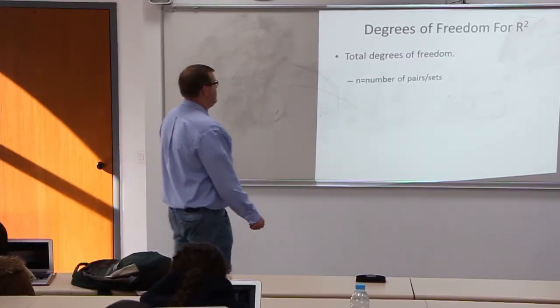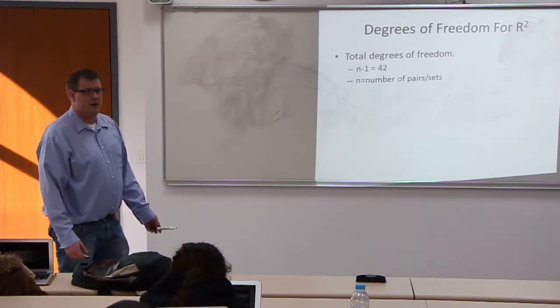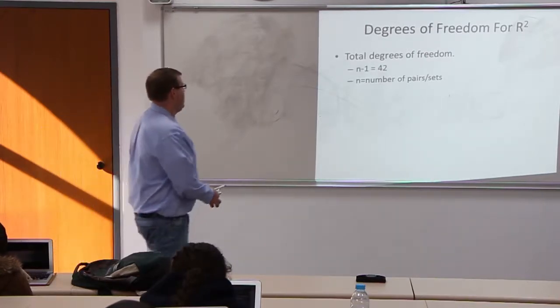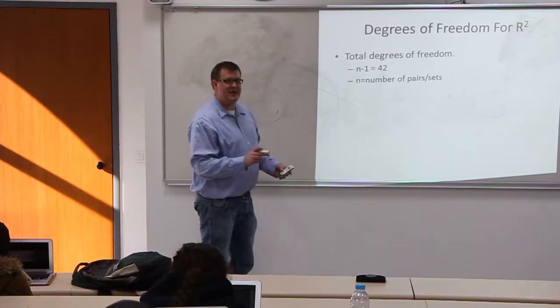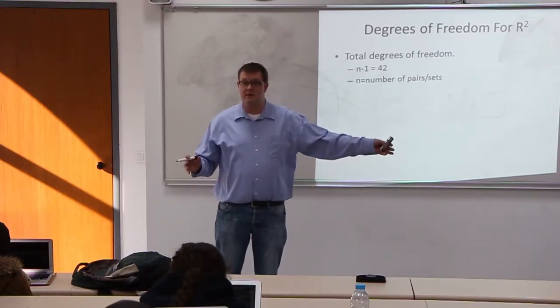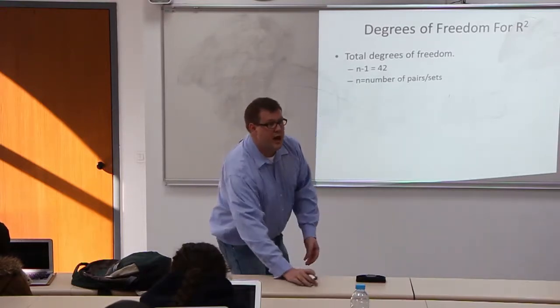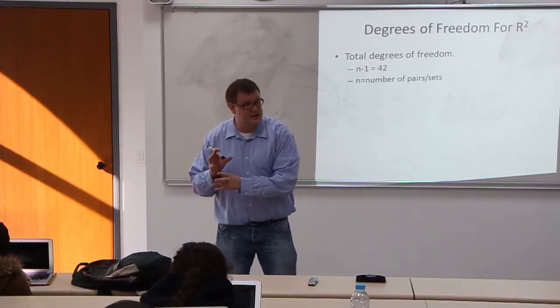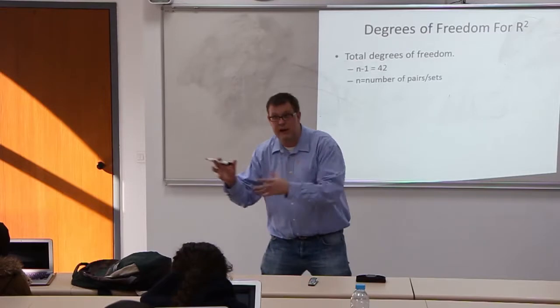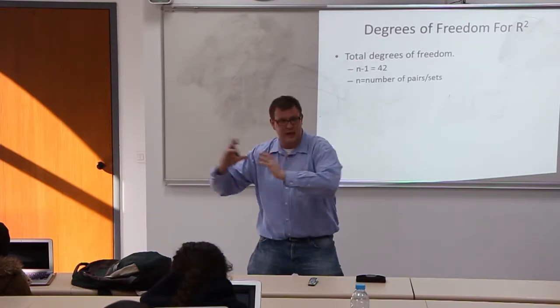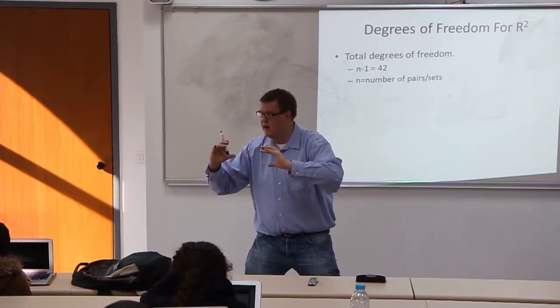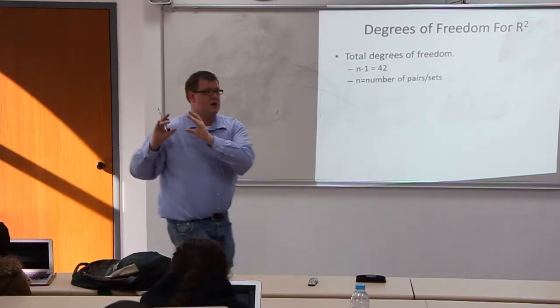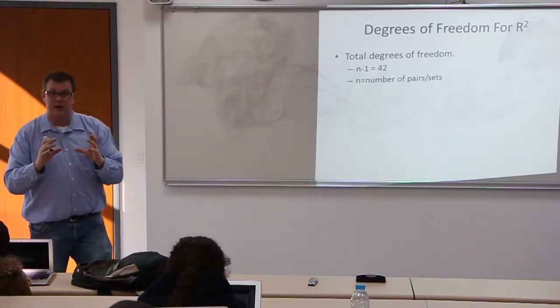Okay, so we know how to do the total degrees of freedom, right? Here we're going to find n minus 1, where n is the number of pairs or sets. We have test 2 scores with a paired test 1 score and with a paired homework average. It's like a set. There's a set of data for each test 2 score that we have.